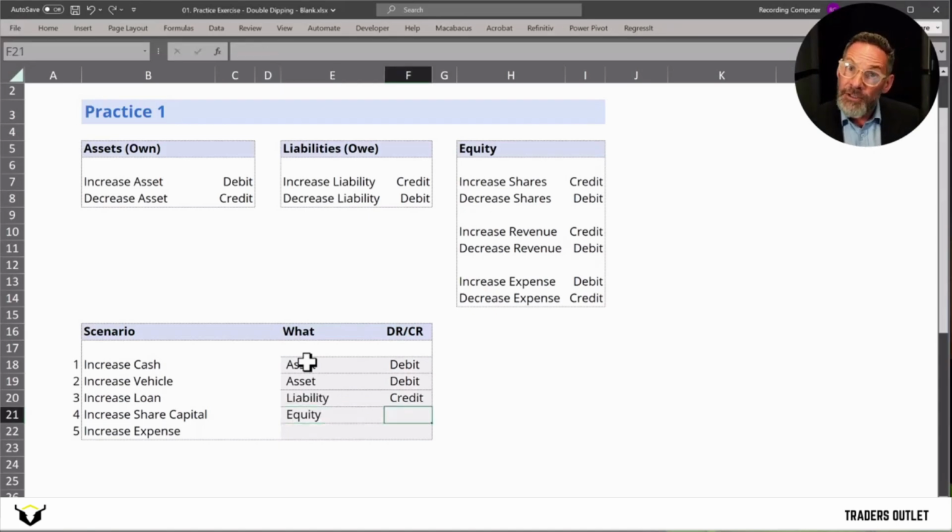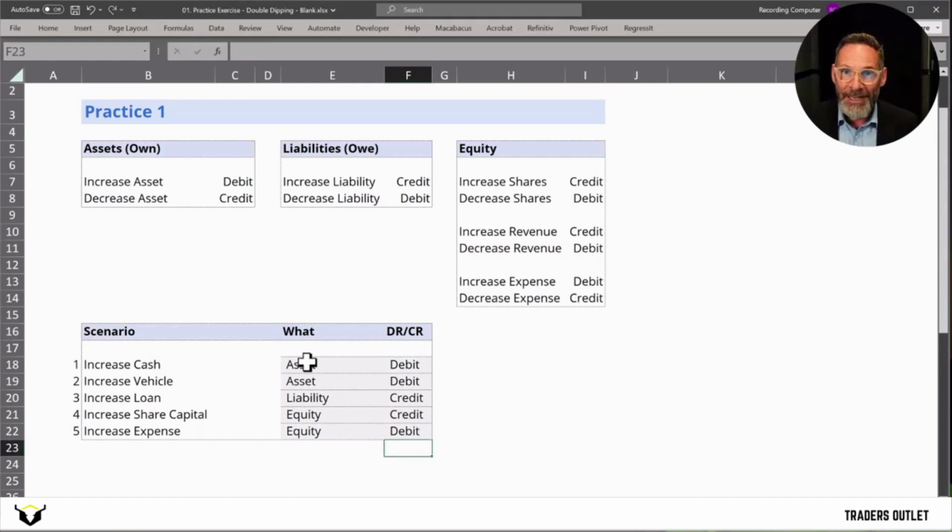And when we increase share capital, we are also doing a credit. Now we have one more thing. When we increase an expense, recall that expenses are falling under equity as well. But when we increase an expense, unlike increasing revenue or increasing shares, it is a debit.